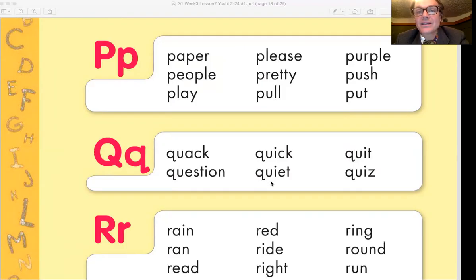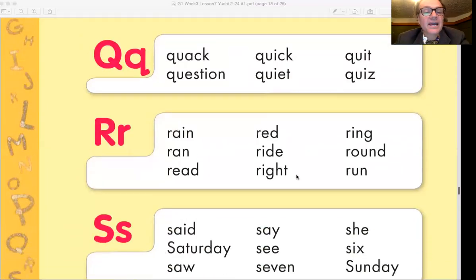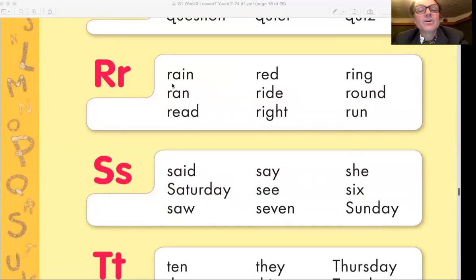I said quiet very loudly, didn't I? Let me say that again. Quiet. Okay. And R: rain, ran, read, ride, write, ring, round, run.